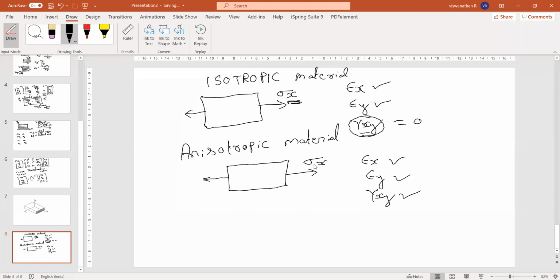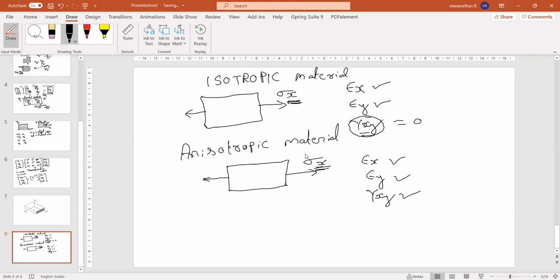When you apply an extensional stress, you can get extensional strain as well as the shear strain. So such a material is called an anisotropic material. Even this can happen: you don't apply shear stress, you have applied only extensional stress, but you get a shear strain. That kind of behavior is there for an anisotropic material.